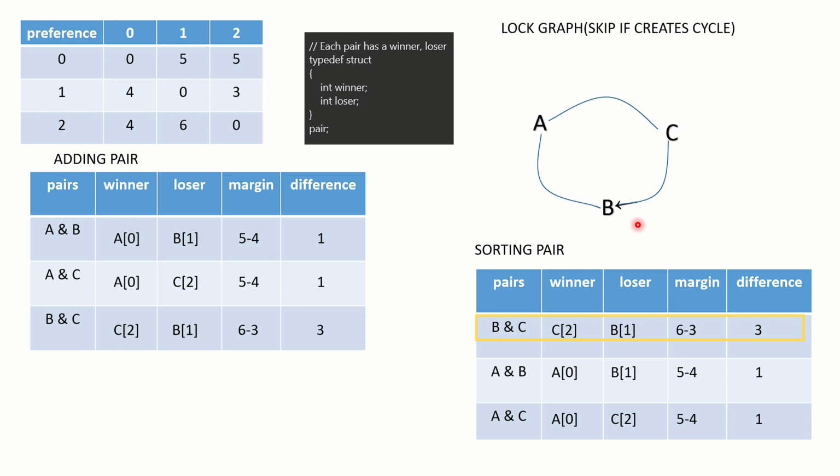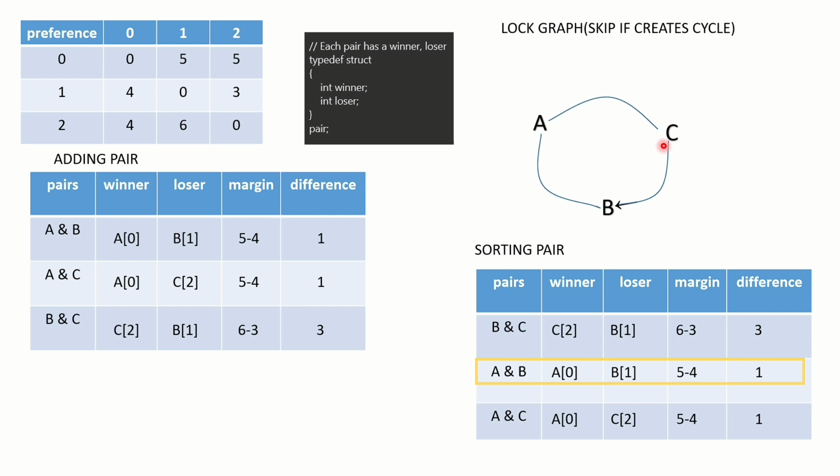The next one is A and B, and A is the winner here. It doesn't create a cycle here. So what is a cycle?